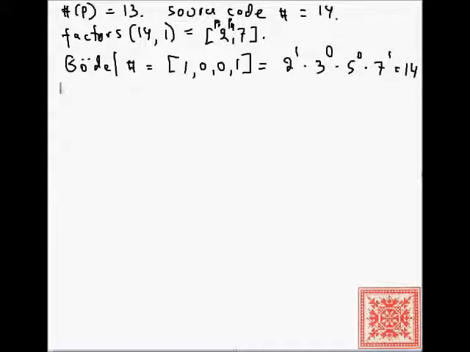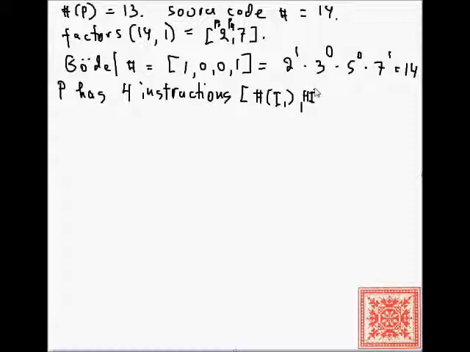So their prime powers are 0, right? 3 and 5. So P has 4 instructions, and the number of the first instruction is 1, the number of the second instruction is 0, the number of the third instruction is 0, and the number of the fourth instruction is 1.